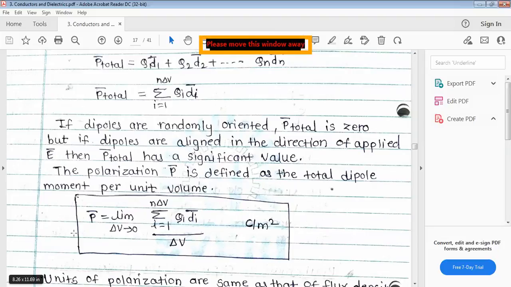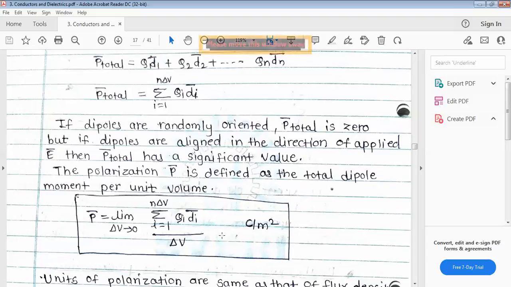P bar is equal to limit as delta V tends to 0 of P bar total divided by the total volume, and its unit is coulomb per meter square.